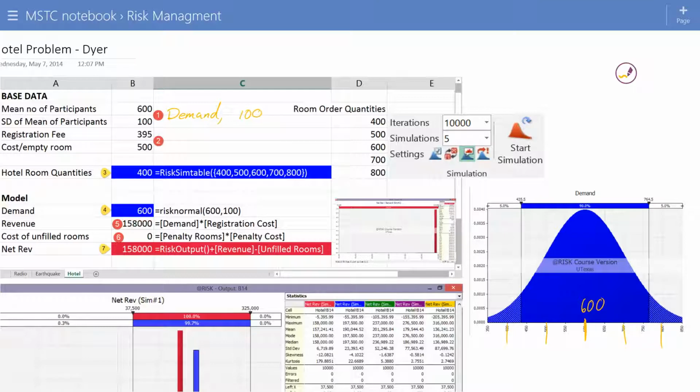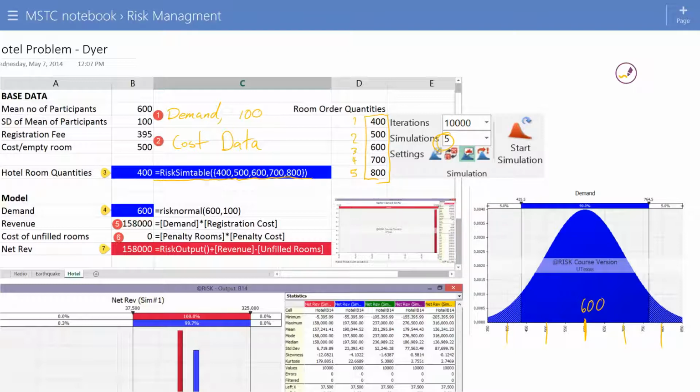Now, right here is your cost data, and the first thing that he wants you to do is run 5 different simulations for each purchase quantity, so the number of hotel rooms that have been ordered. In order to do that, you have a cell that says RiskSimTable 400, 500, 600, 700, 800, and that's based on these values right here. And you'll want to set your simulations to 5: 1, 2, 3, 4, 5.